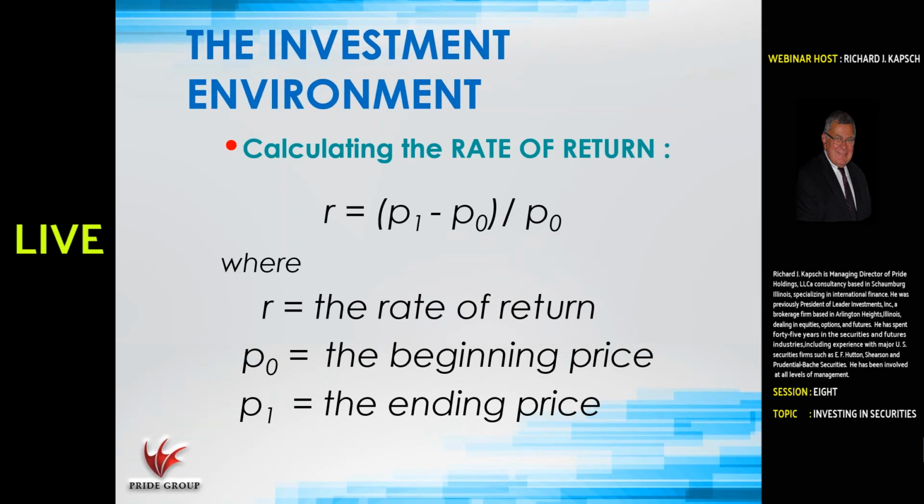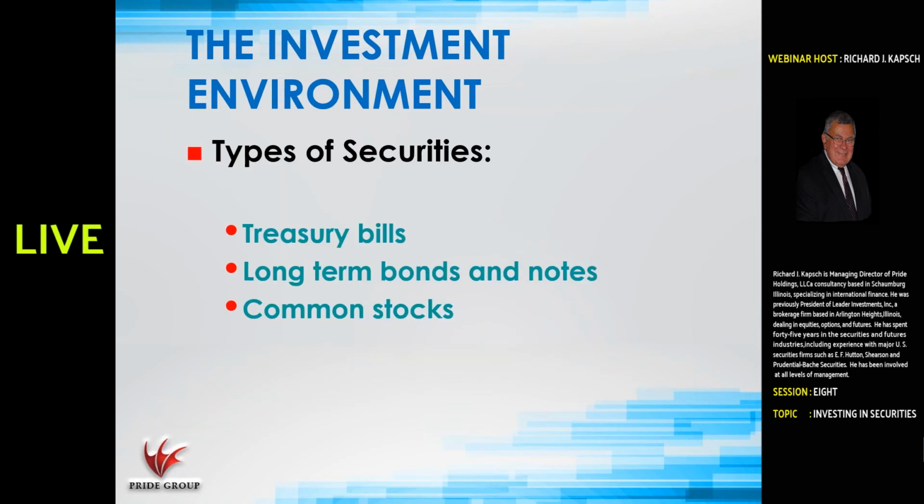Okay, there are 3 major types of securities that we'd be interested in as an investor. First is treasury bills, and these are instruments or pieces of paper that are issued by governments with a trading horizon of less than 1 year.